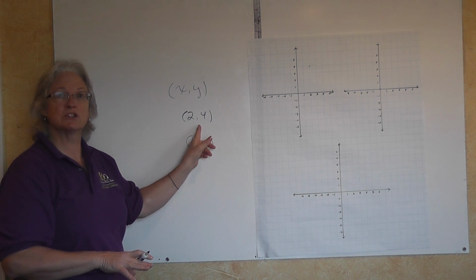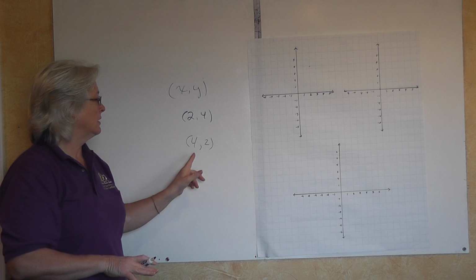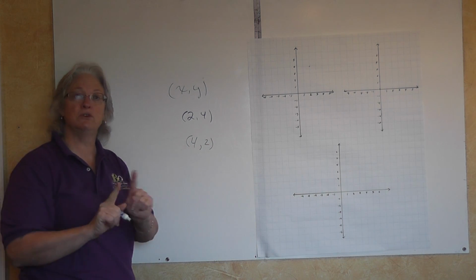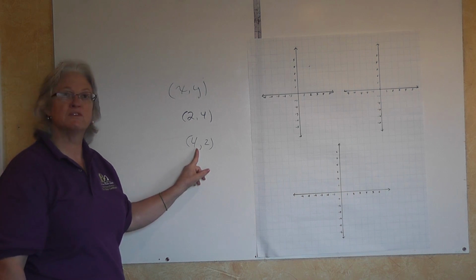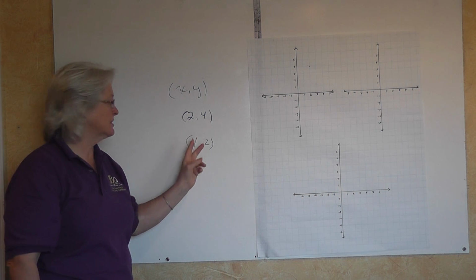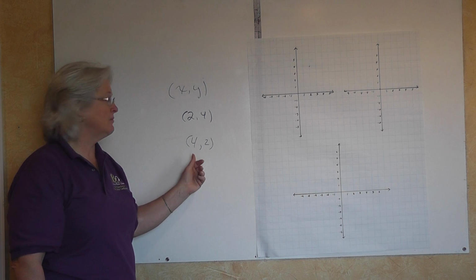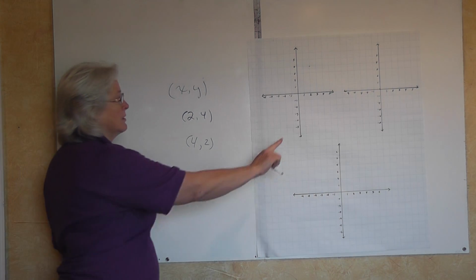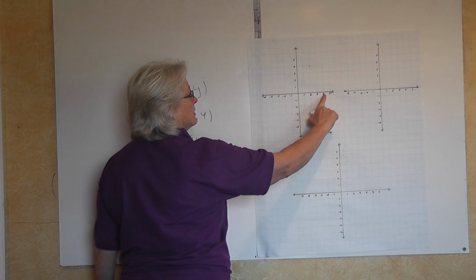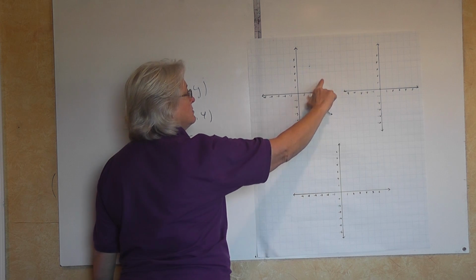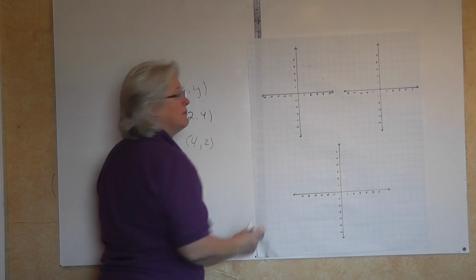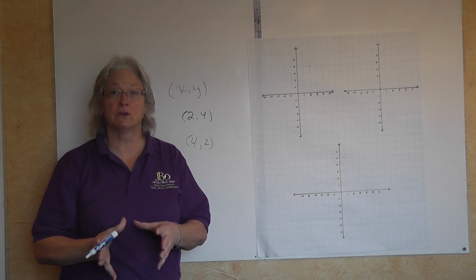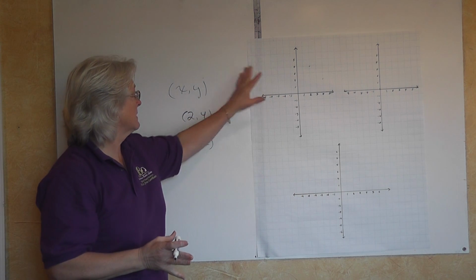However, the location of the point (2, 4) and the location of the point (4, 2) are distinctly different locations. Here, where we've changed the order of these two numbers, we have (4, 2). So here we would go over 4 units on the x-axis and 2 units on the y-axis. And you see that we have identified two totally different locations.